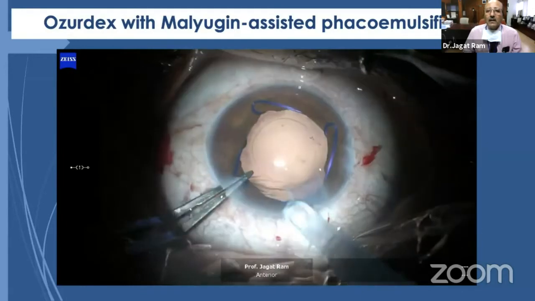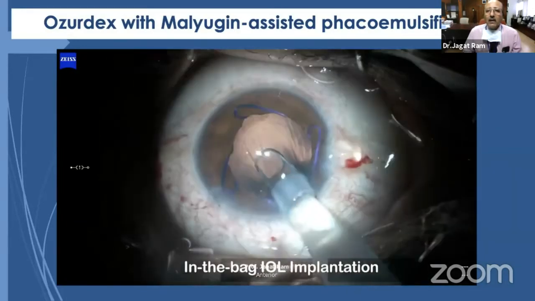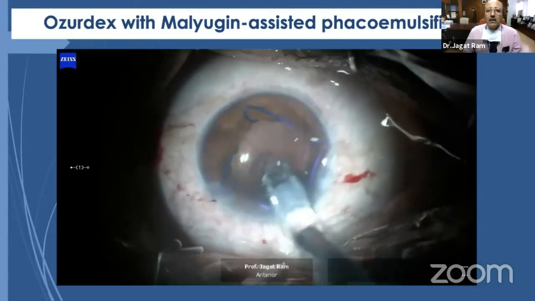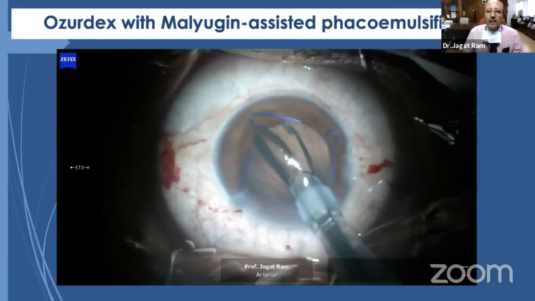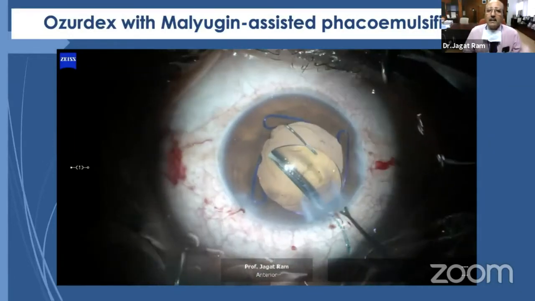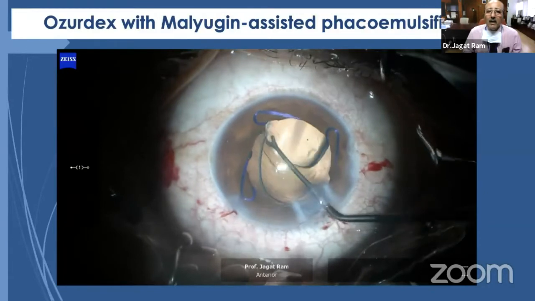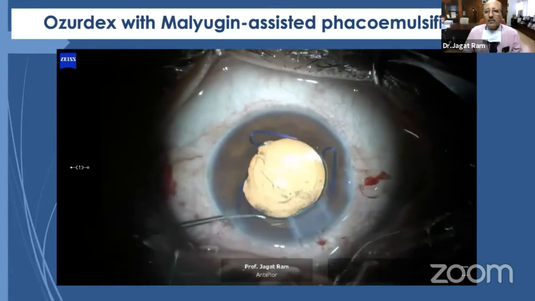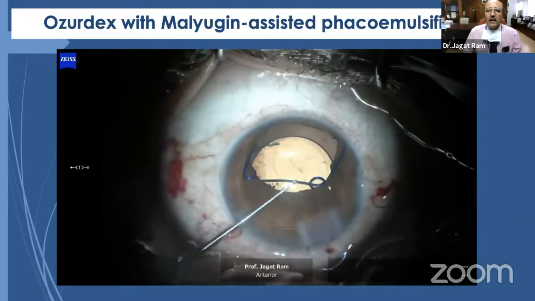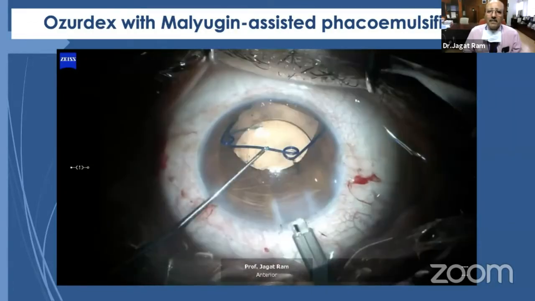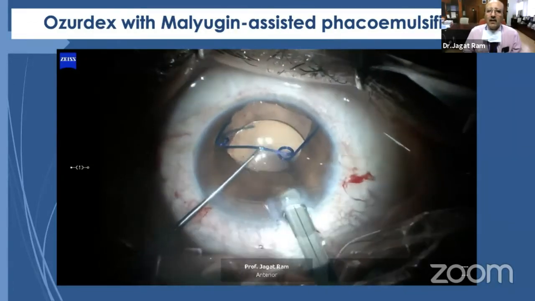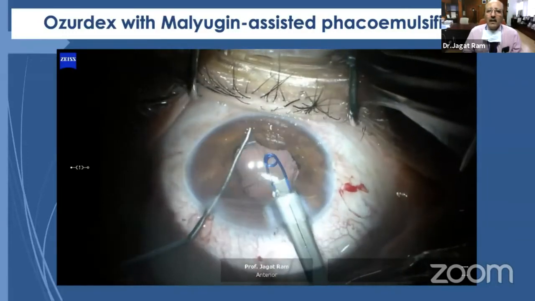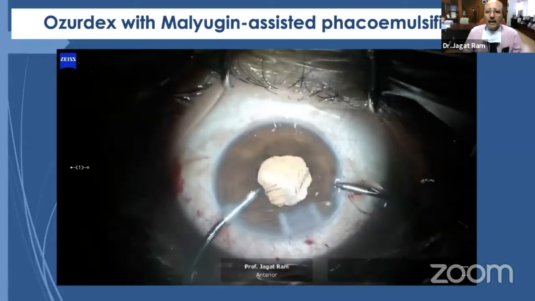After that you implant the IOL. It is important to implant the IOL into the capsular bag. Here it is a 3-piece hydrophobic acrylic IOL, but nowadays, or most of the time, we may even put a single piece IOL. Ultimately, it does not make a difference whether you put a 3-piece IOL or single piece IOL once it is in the capsular bag.